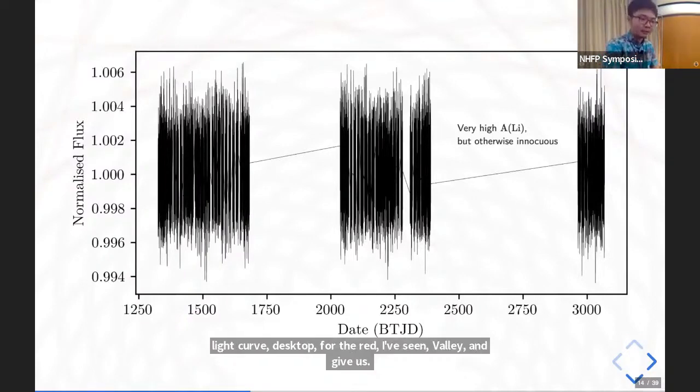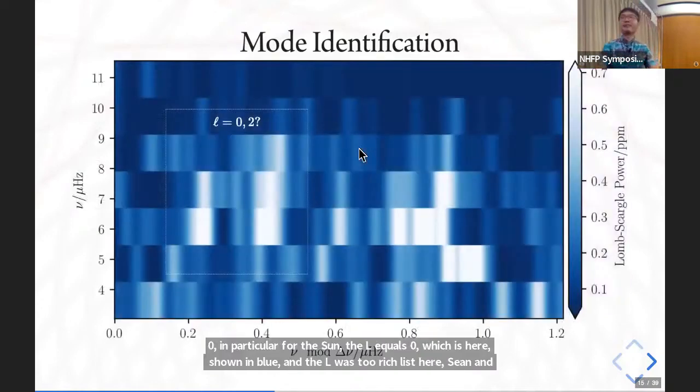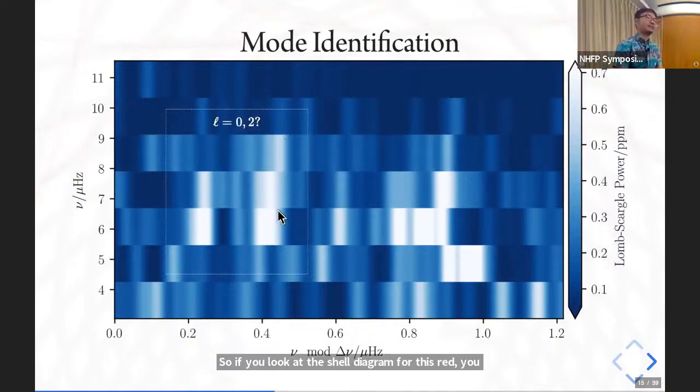So to remind you, the power spectrum, the echelle diagram for the sun looks like this. You have vertical ridges, each ridge corresponding to a different angular degree L. Right. In particular for the sun, the L=0 ridge lives here, shown in blue, and the L=2 ridge lives here, shown in gray. So if you look at the echelle diagram for this red giant, you also see a double ridge feature, and it is therefore tempting to identify this ridge as being the L=0 ridge, and this ridge as being the L=2 ridge.